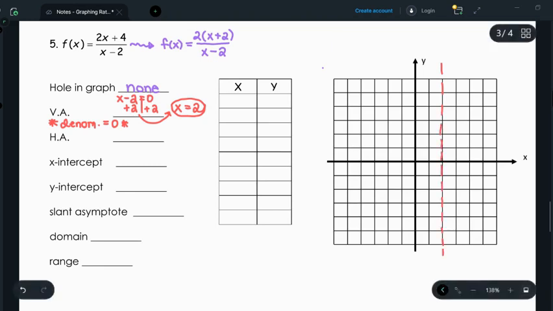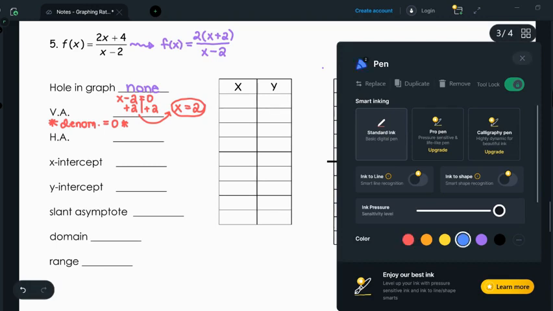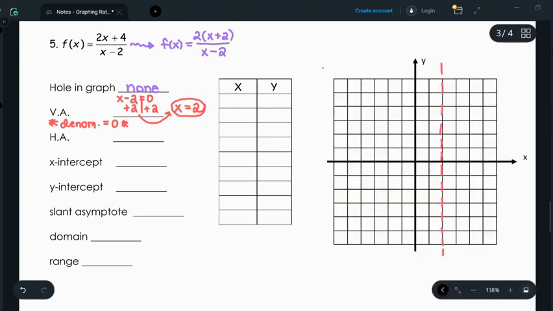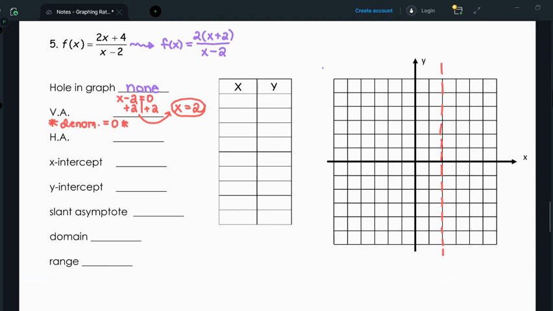My horizontal asymptote will always be those 3 cases. And I'm looking at my case here that the degree of the top is x to the power of 1, and the degree on the bottom is x to the power of 1. That's the highest degree on top and the highest degree on the bottom. Since they're the same, we play the coefficient game, which is listed as case number 2 on the front, if you want to go back to the front to look at your cases.